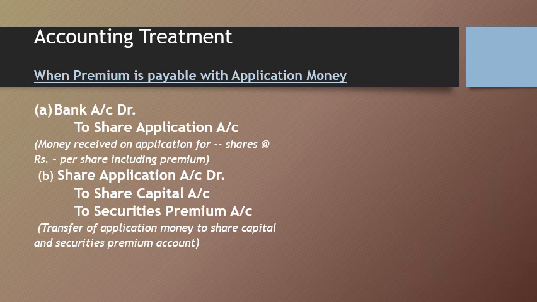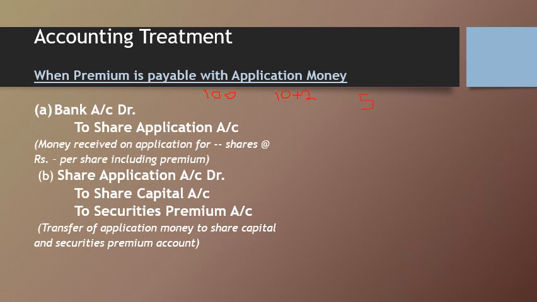Suppose a company issued 100 shares of rupees 10 each at a premium of rupees 2, on which the shareholders have to pay rupees 5 on its application.